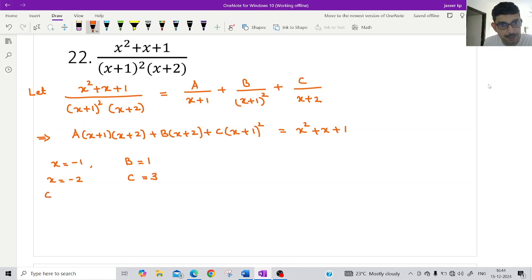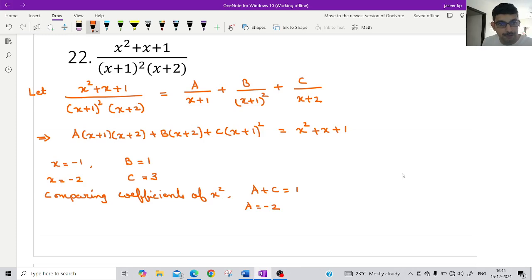Now comparing coefficients of x square, we can see that a plus c equals 1. So c equals 3 means a equals minus 2.